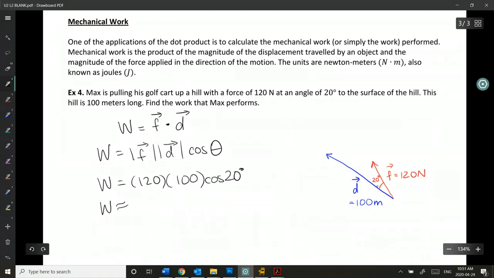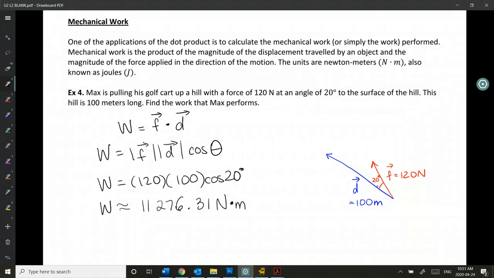So if you're following along with your calculator here, let's try to enter that in to see what we get. And I'm going to say let's round to about 2 decimal places here. So I'm getting 11,276.31 Newton meters.